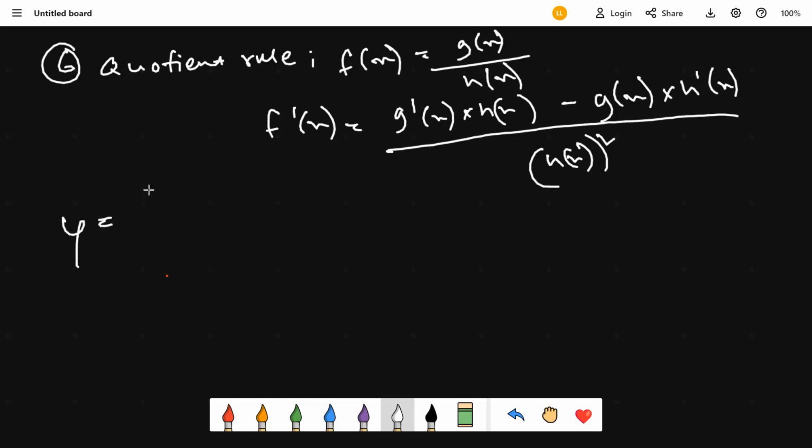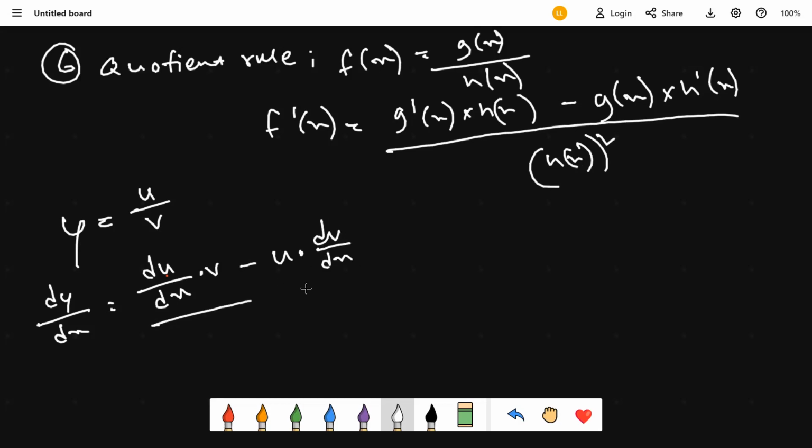In other words, if the terms f(x), g(x), h(x) become difficult for you to understand, then writing it another way, y equals u by v. Then we would say dy by dx equals du by dx multiplied with v, minus u times dv by dx, divided by v squared.